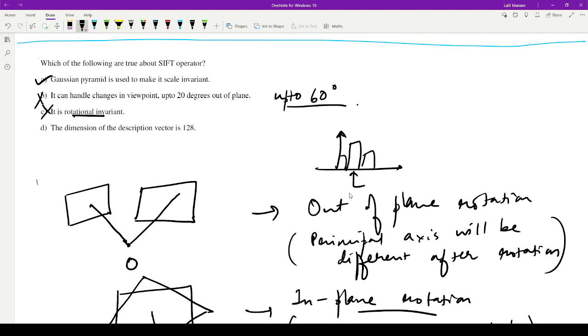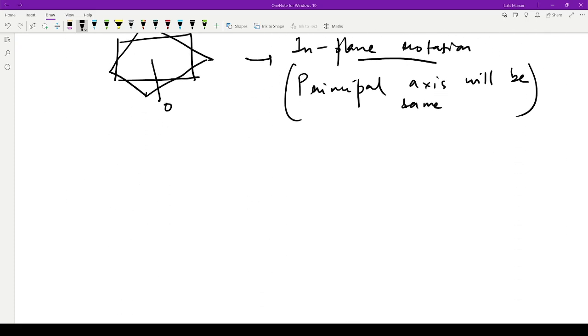The last part: the dimension of the descriptor vector is 128. Is it right or wrong? What's an easy way to remember it? We take a patch of 16 cross 16, right?